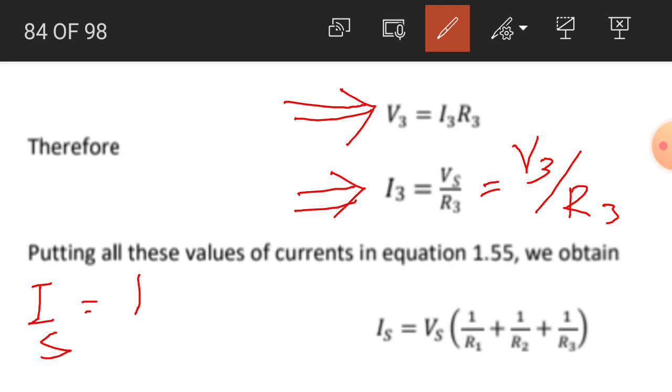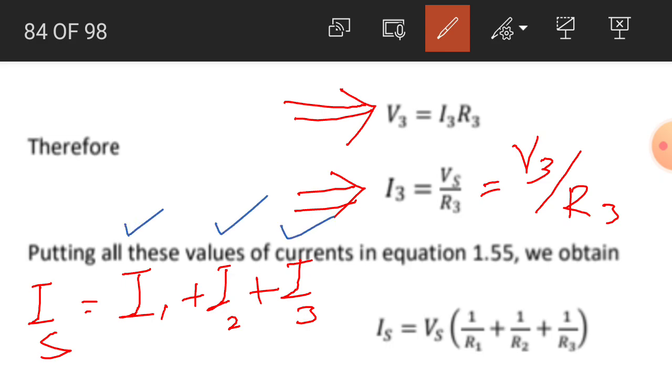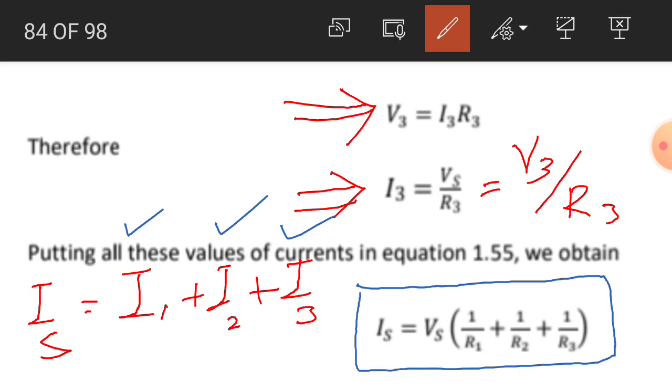We know that the total current in this parallel combination is equal to I1 plus I2 plus I3. If we put the values of I1, I2 and I3 in this equation, we obtain this total current equal to Vs into 1 over R1 plus 1 over R2 plus 1 over R3.